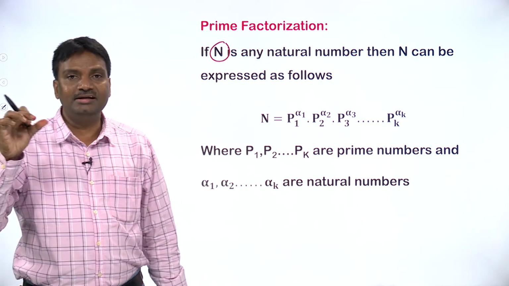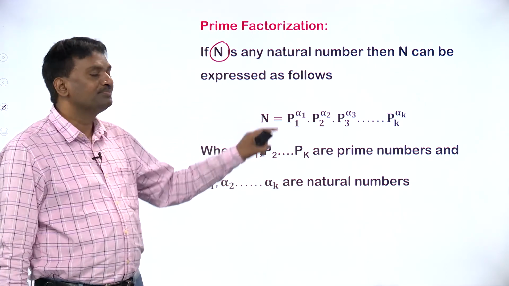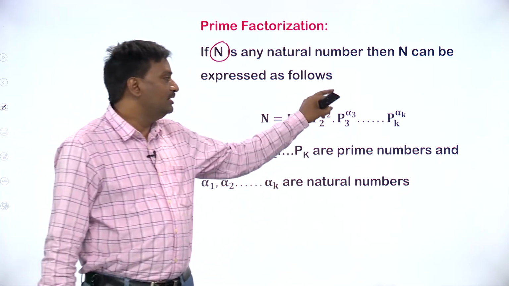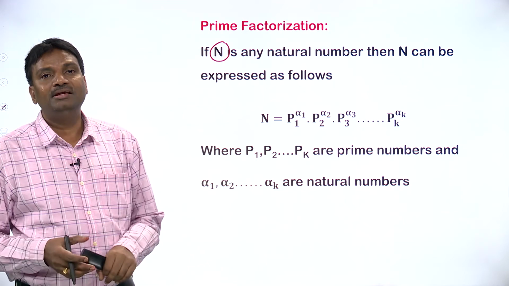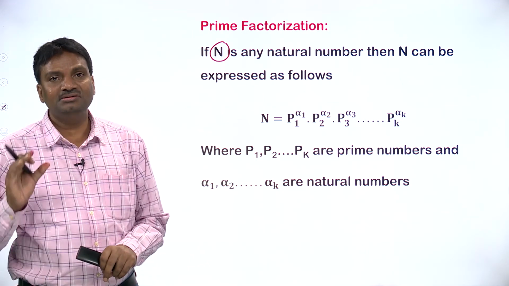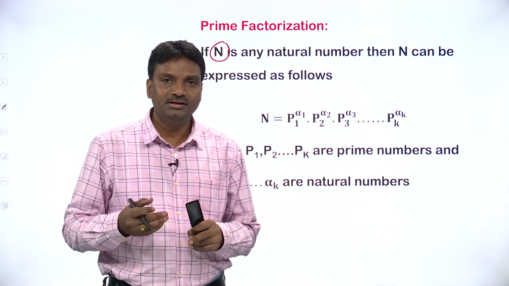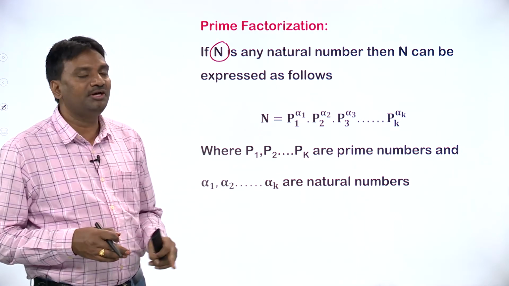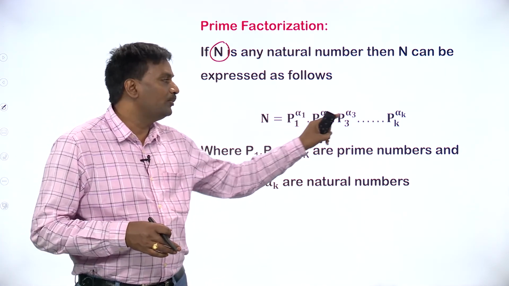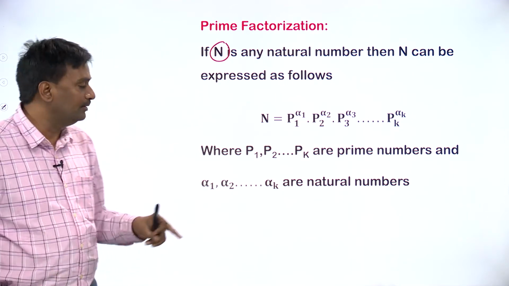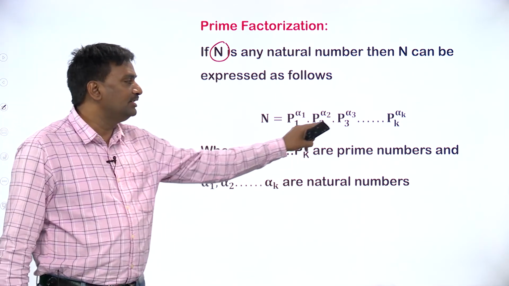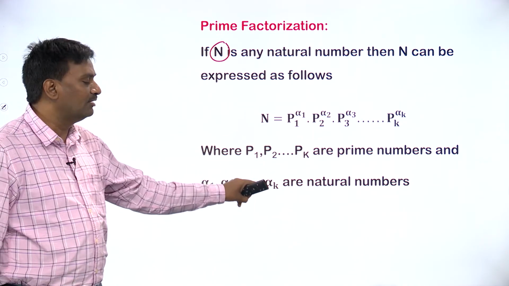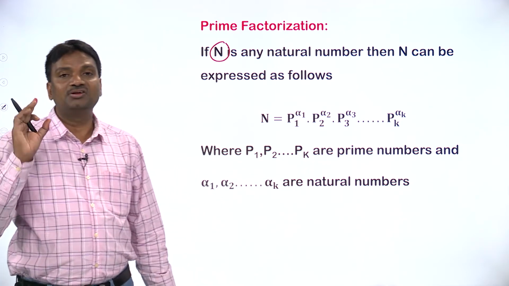We can express any natural number N like this: N equals p1 power alpha 1 into p2 power alpha 2 into p3 power alpha 3 and so on, into pk power alpha k, where p1, p2, p3, and so on up to pk are prime numbers and alpha 1, alpha 2, alpha 3, and so on up to alpha k are natural numbers.